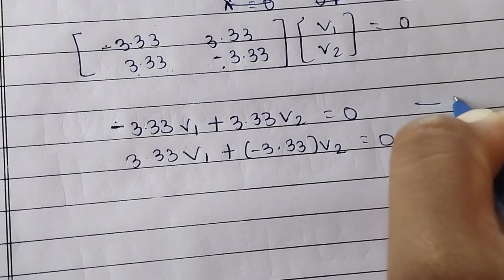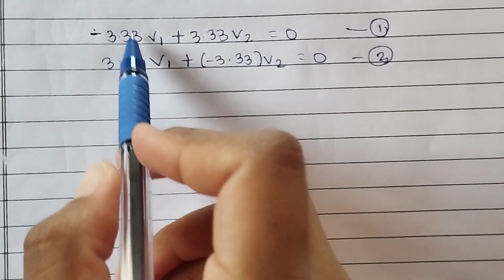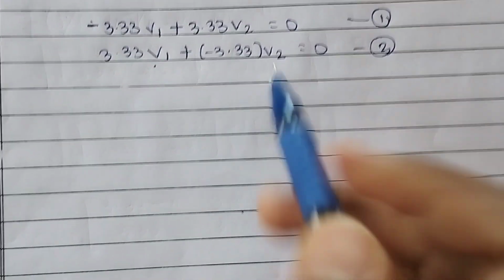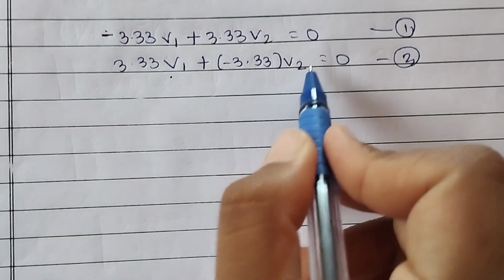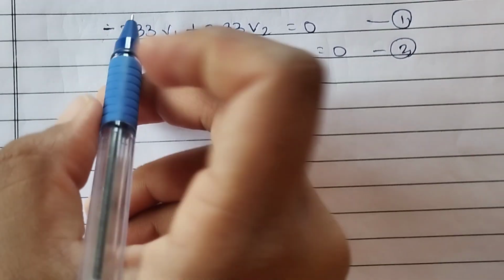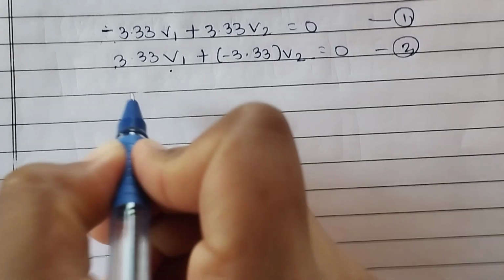Now we get two equations, first and second. So consider any one equation for solving further. So let's consider this second equation for our simplicity, because here the minus sign is present. So instead of this we consider this.